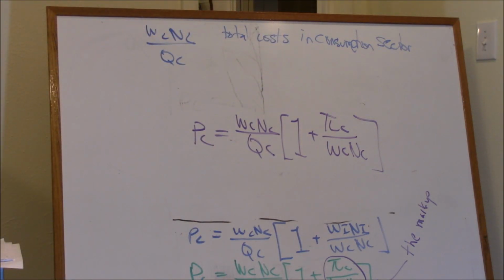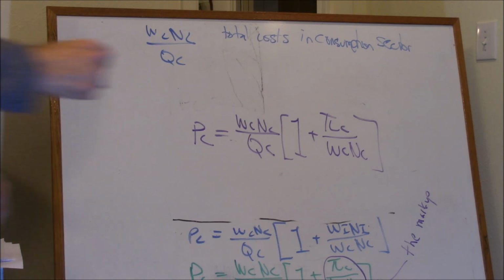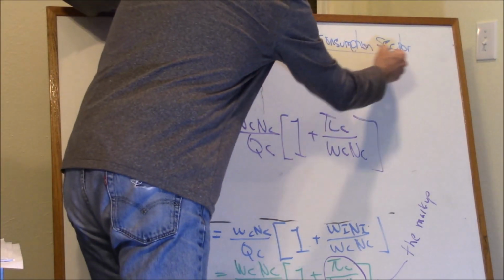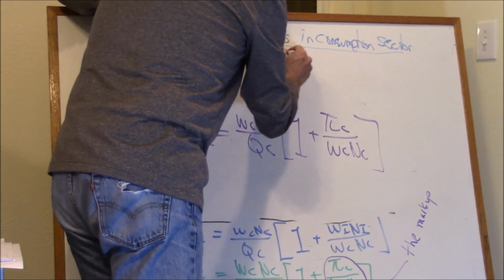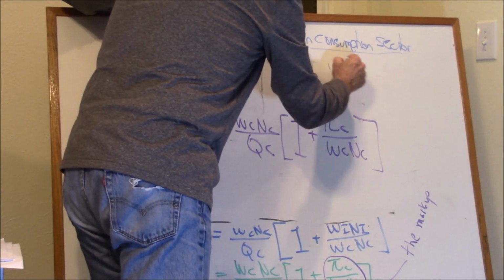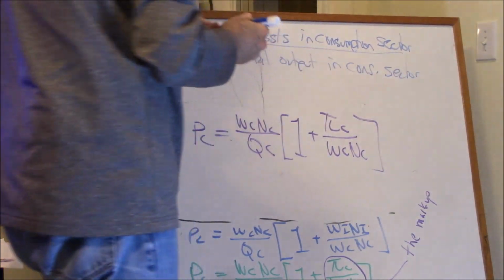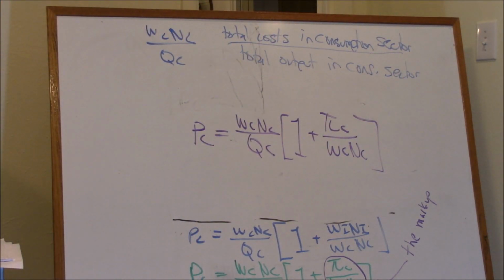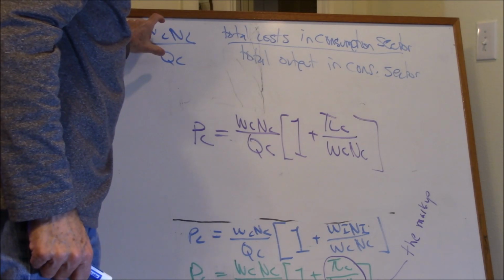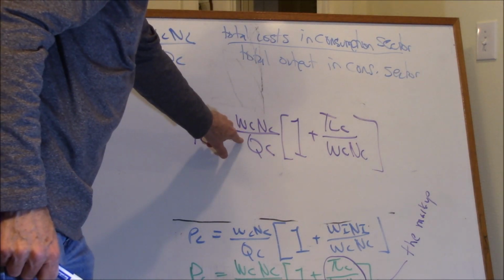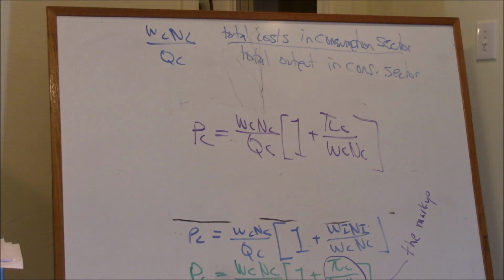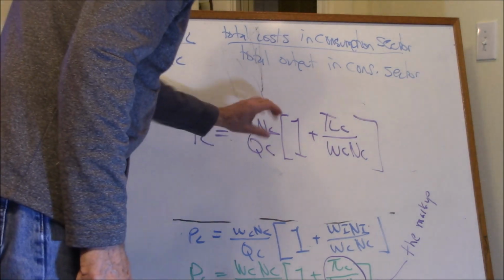All right, and so the total cost in the consumption goods sector divided by total output in consumption sector. So you've got total cost divided by total output. What have you got? You've got average costs. That's the average cost per unit of each thing that was produced in the consumption goods sector. So that's what you've ended up with there at the front of this, all right?